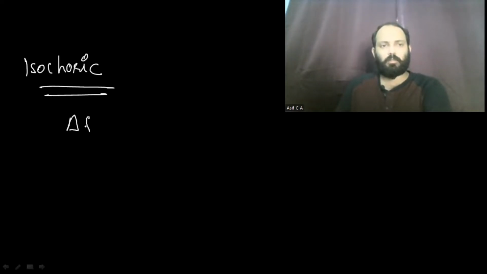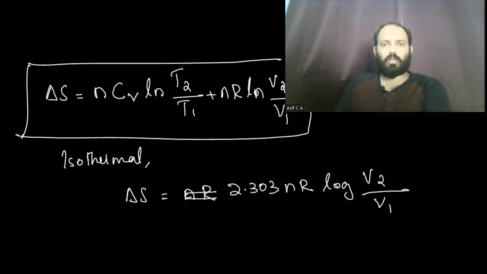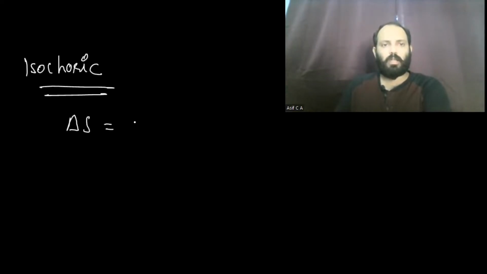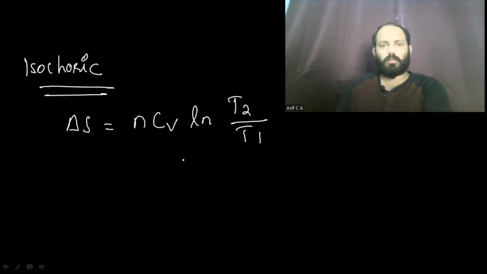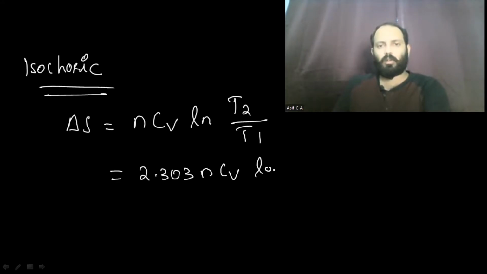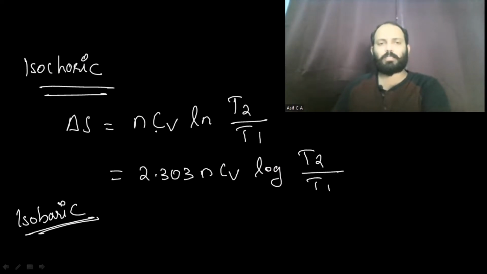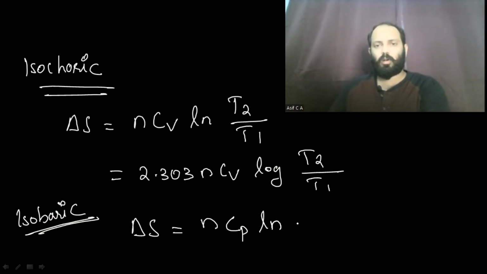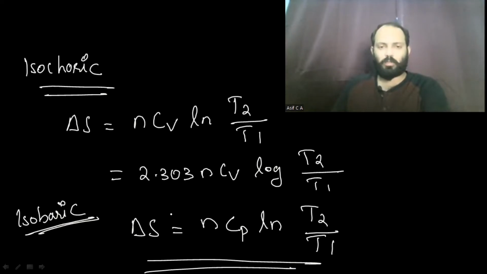So delta S will be, இந்த volume கான்ஸ்டன்டா இருக்கறனால இந்த சைடு இருக்காது. nCv ln T2 by T1, log மாத்திட்டேன்னா 2.303 nCv log T2 by T1. இந்த ஐசோபாரிக் ப்ராசஸ்க்கு நீங்க சிம்பிளா எழுதிடலாம். இந்த சேம் ரியாக்ஷன் ஐசோகோரிக் ஆகும்போது Cv வரும், ஐசோபாரிக் ஆகும்போது அங்க Cp வரணும். nCp ln T2 by T1 இப்படி எழுதிக்கலாம். log மாத்தினோம்னா 2.303 வரும், அவ்வளவுதான்.